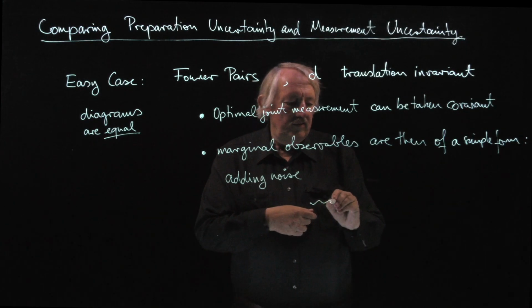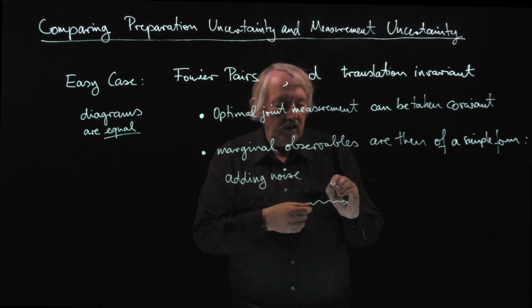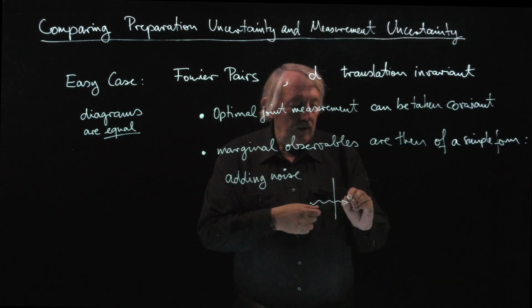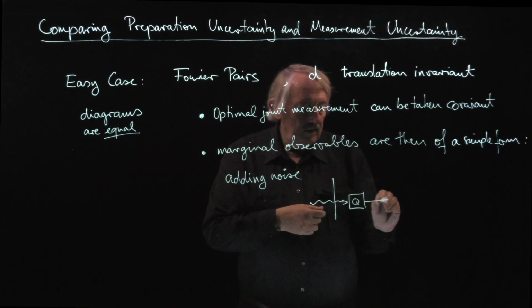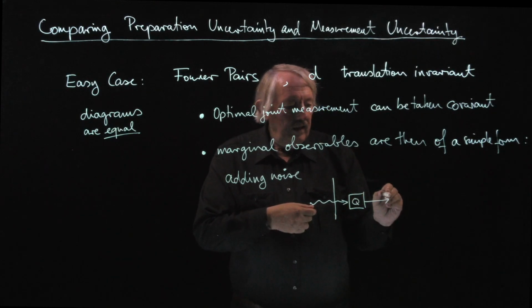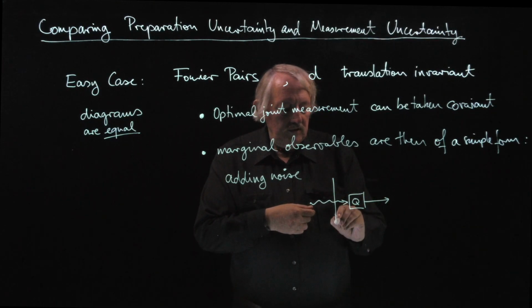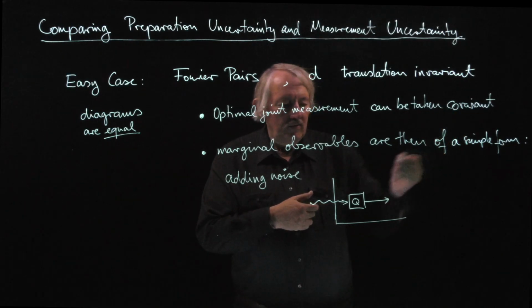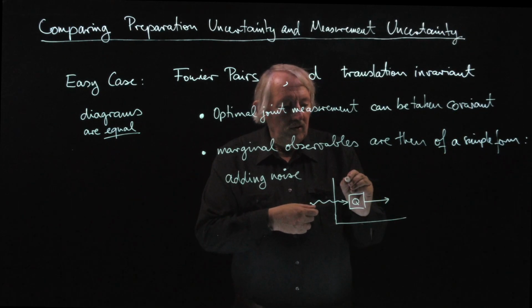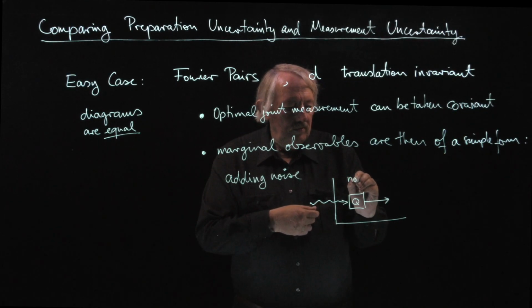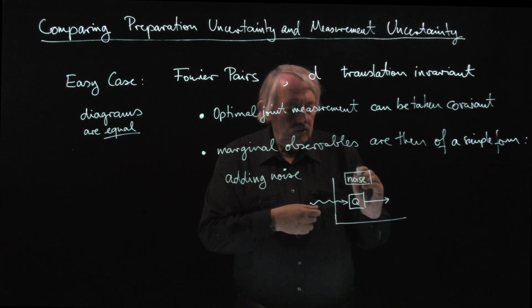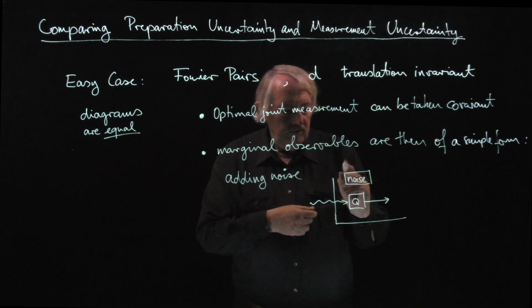So I have any kind of signal. In this case, it's a quantum state, and I make a position measurement, let's say, that gives a number. And then the marginals always have, because of this kind of covariance, to look like this. So there is a noise source, and I should call that the Q noise.